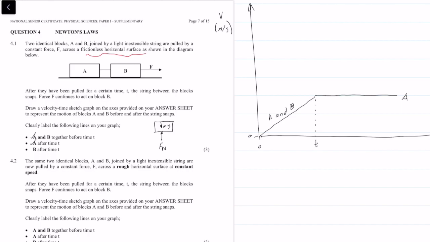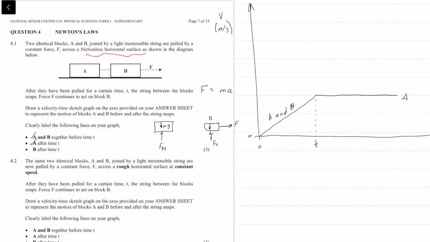Now we need B after time t. Let's draw a free body diagram again. This is B, and we have mg, the normal force, and F. Before that we also had this right here. So the mass before the string gets cut is greater than the mass after. We cut the string right there, so that part falls away. Writing Newton's second law, we're left with F equals ma.